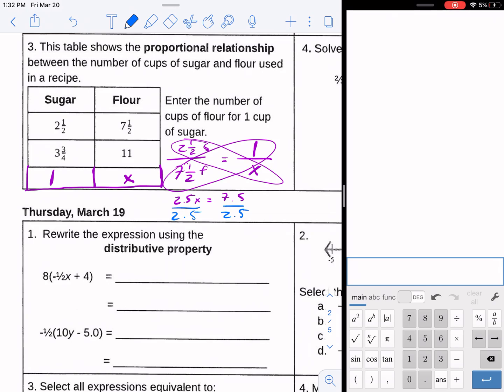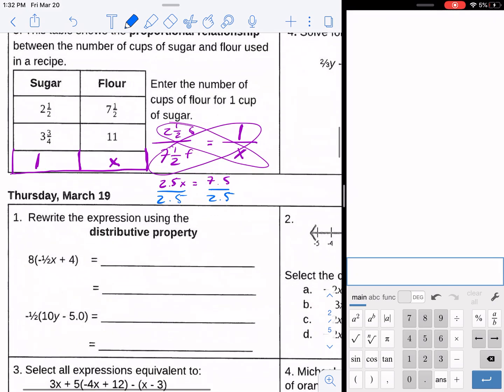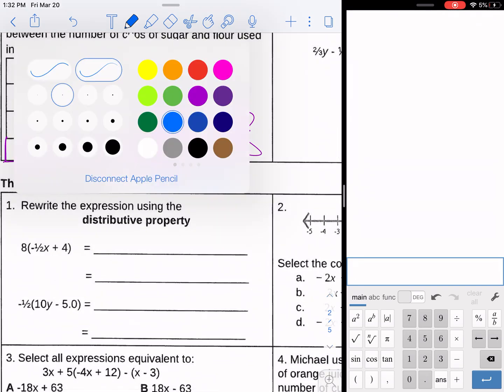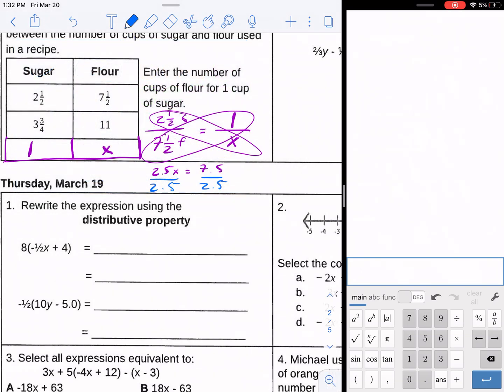And so x should equal, I'm running out of room here, guys, sorry. X should equal, well, 2.5 should go into 7.5 three times. It's 2.5, 5.0, 7.5. So 7.5 divided by 2.5 is 3, and so x equals 3.